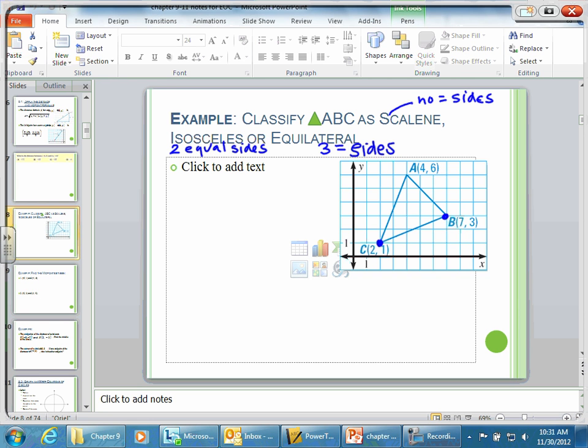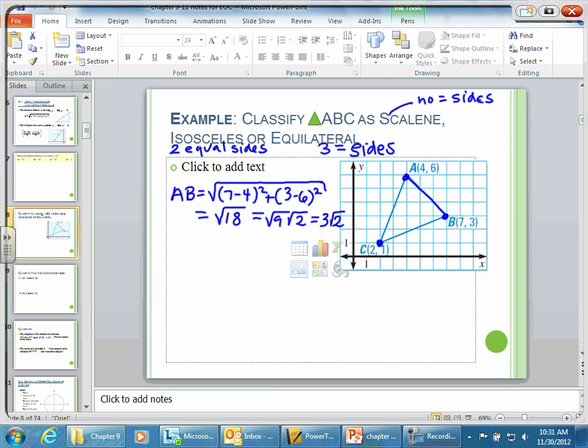What if I wanted to find, let's do side AB first. So side AB, I'm going to have to apply the distance formula to see what that length is. Square root of 18. This does simplify because that's the square root of 9 times the square root of 2, which is 3 radical 2.